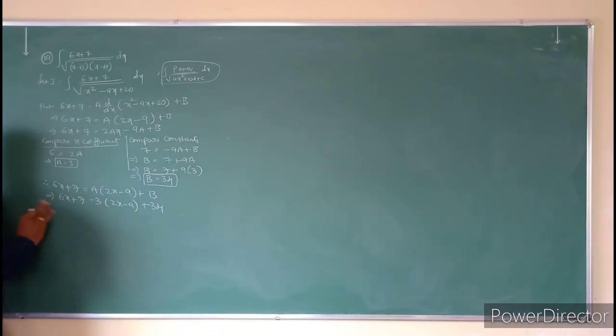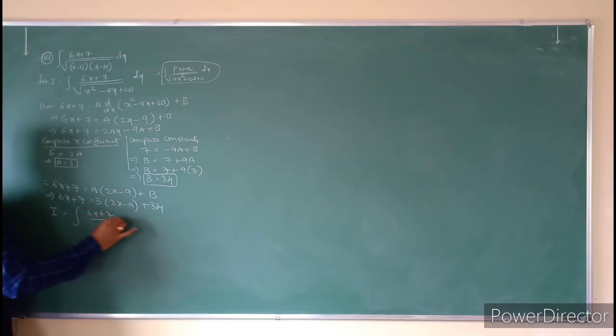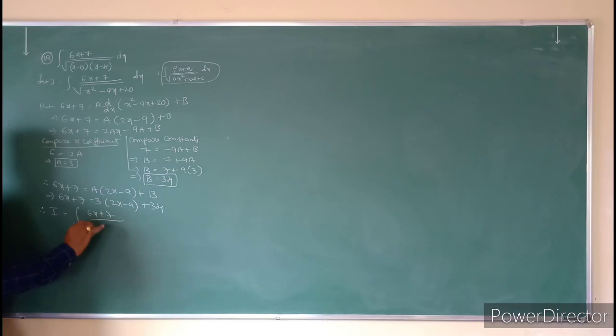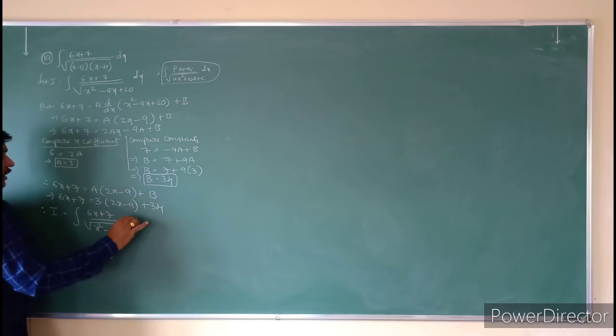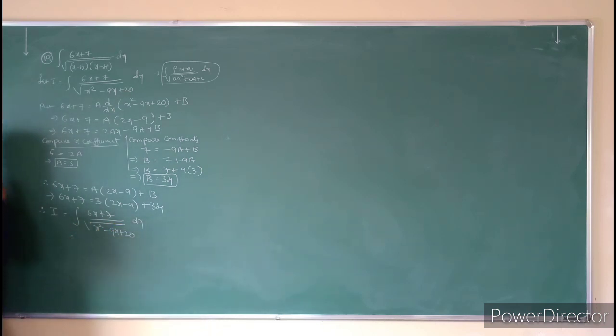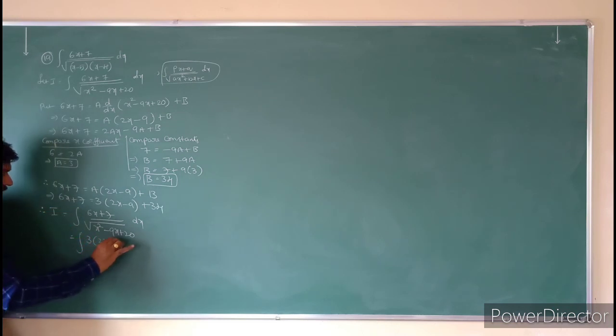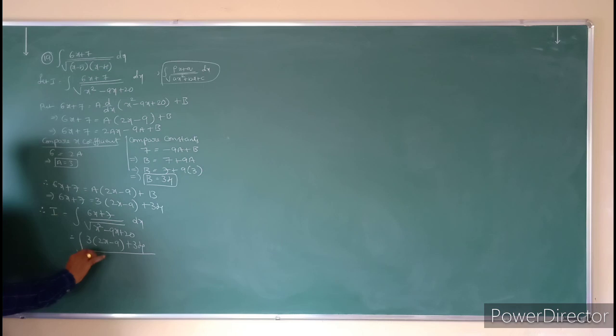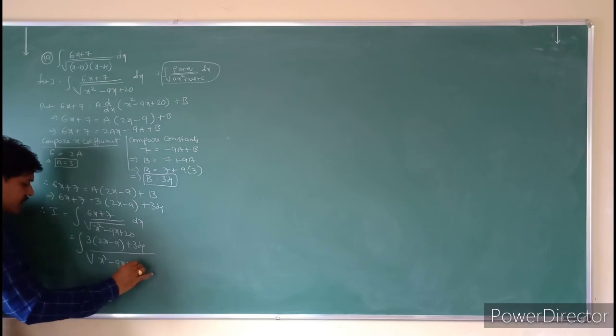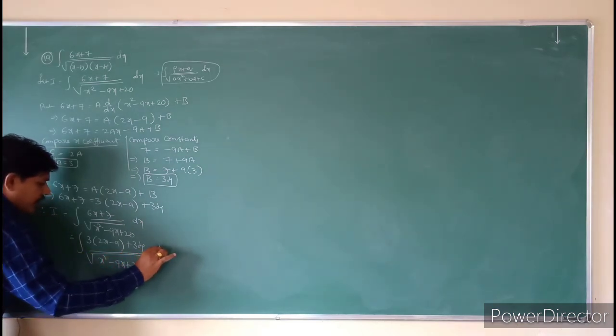Already we have taken that, therefore I is equal to integral of 6x plus 7 by root of x square minus 9x plus 20 into dx. So that is equal to integral of 3 into 2x minus 9 plus 34 by root of x square minus 9x plus 20 into dx.